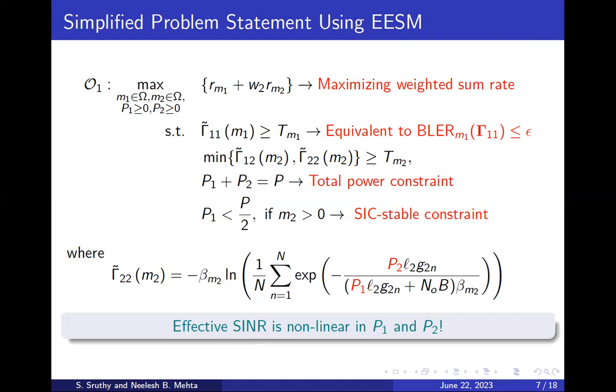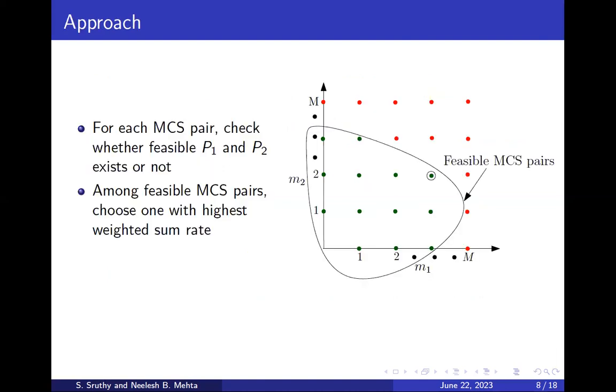So we had to solve this problem. For that, as I have already mentioned, the MCS set is given by the standard and it's finite. So let's say there are total m possible MCSs available and we have m square possibilities for the MCS pairs, and m1 and m2 can take values from 0 to m.